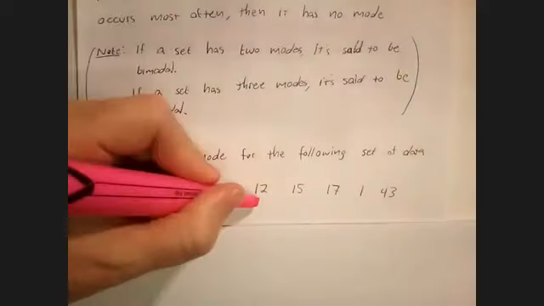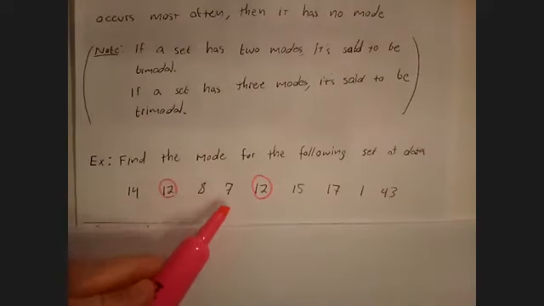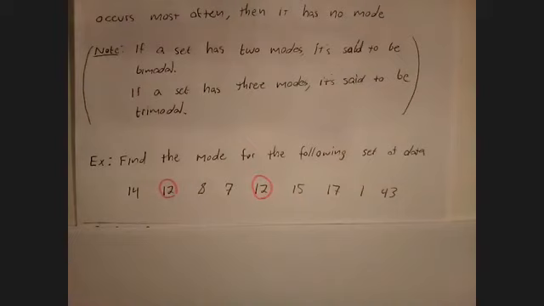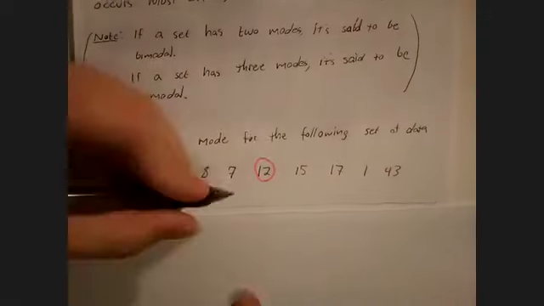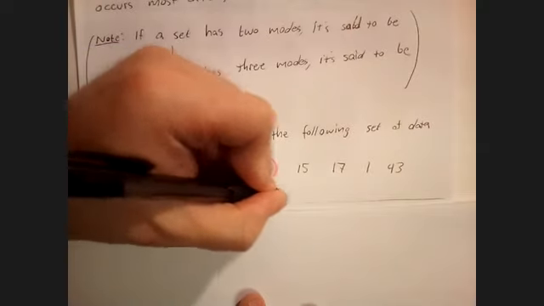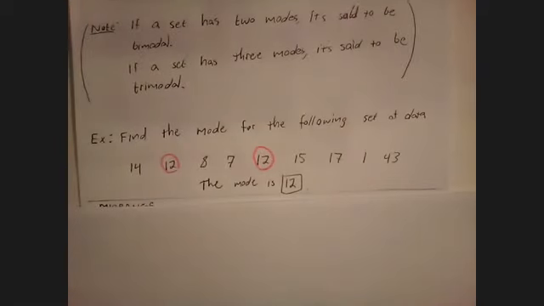It doesn't mean it's the mode. I will eventually have to see which one repeats the most. 8, no, 7, no, 15. Okay, nothing else. So in this example, the mode is 12. That's it. Okay, that's a pretty straightforward one.